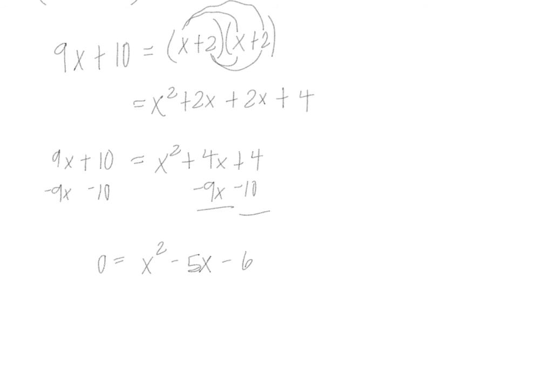So I have to solve this quadratic, x squared minus 5x minus 6, and looking at it, I know it factors. The factors of negative 6 that add to give you negative 5 are x minus 6 and x plus 1. Negative 6 and positive 1 multiply to give you negative 6. They add to give you negative 5.